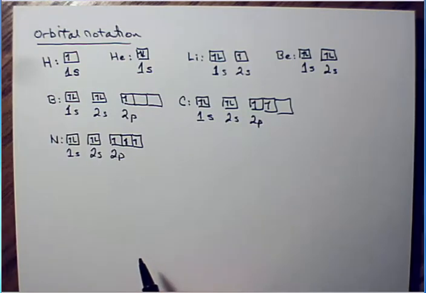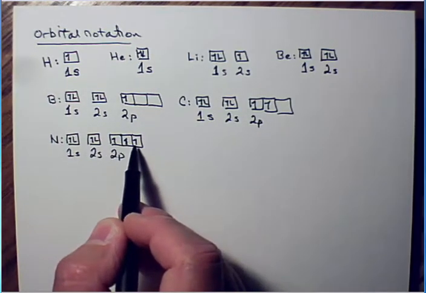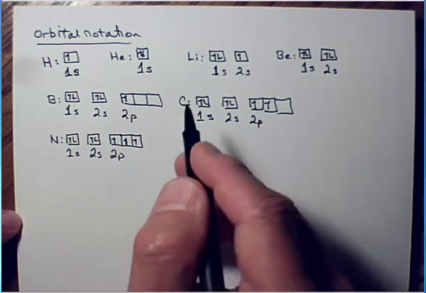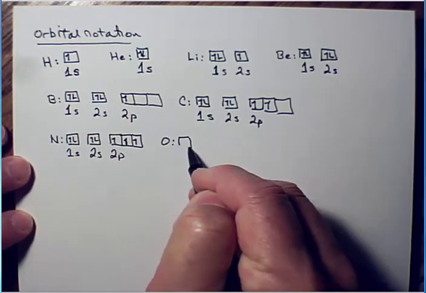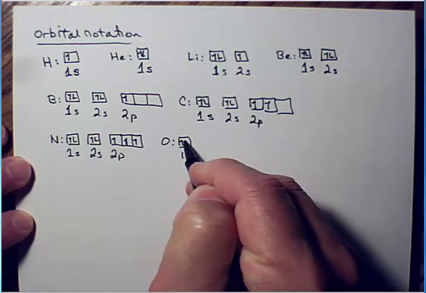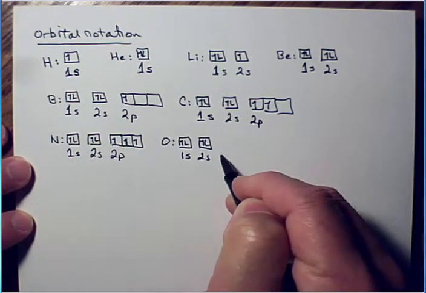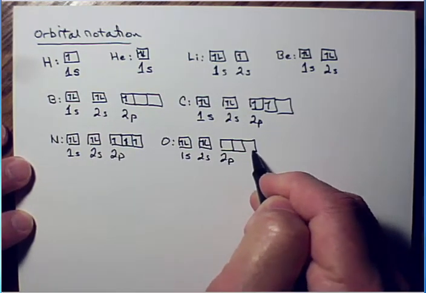Now we get to that school bus rule thing where we've got people on 3 separate seats, and we're going to go back and put somebody here. So that's for oxygen. 1s has 2 electrons, and 2s has 2 electrons, and 2p has 3 orbitals.